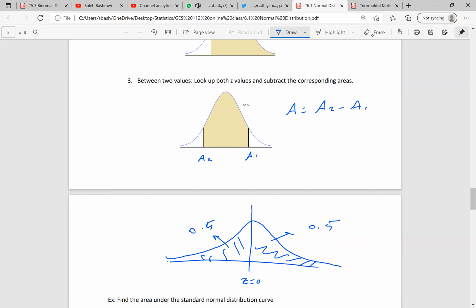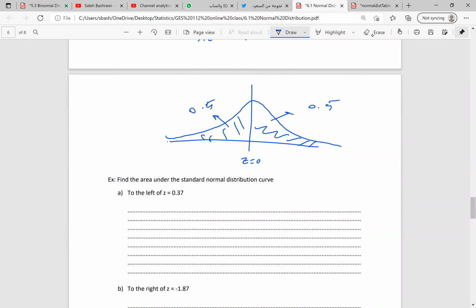Now let's explain this by solving some examples. I need to find the area under the standard normal distribution curve to the left of z equal to 0.37.